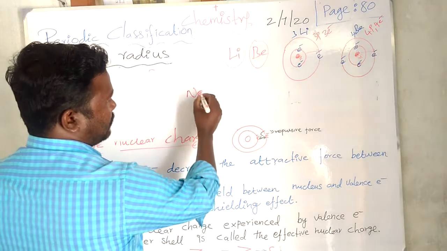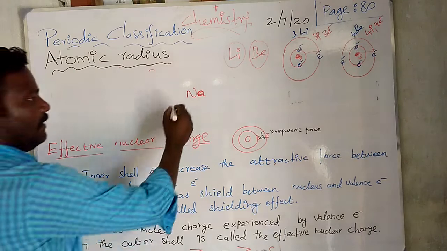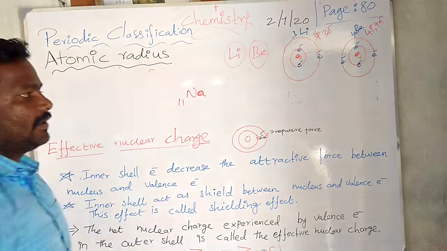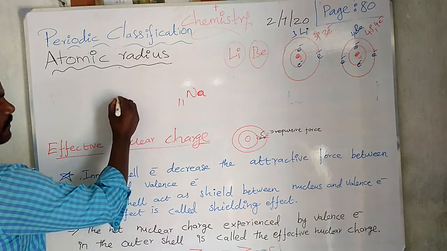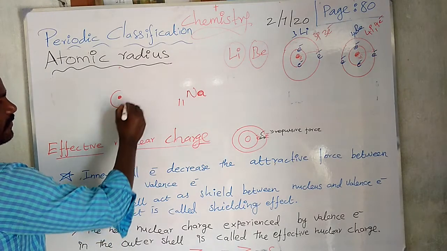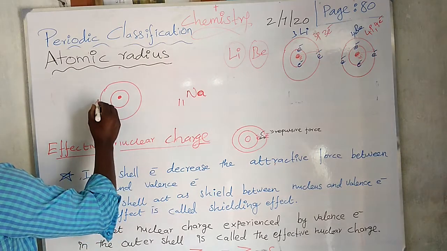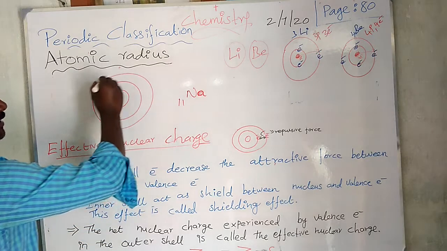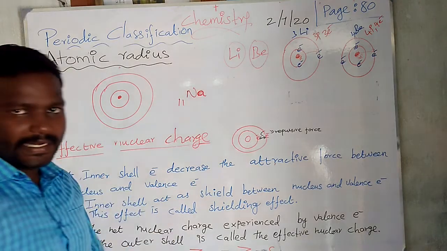What is the atomic number of sodium? 11. 11 means, how will you draw the cell diagram for sodium? Nucleus, first cell, second cell, then third cell. It will have 3 cells, my dear students.